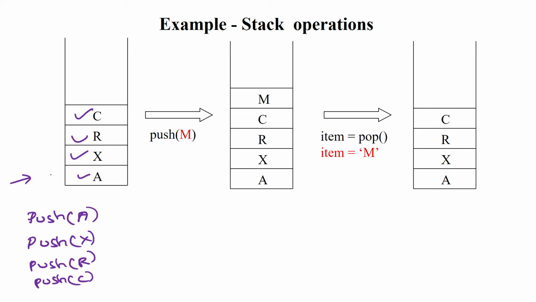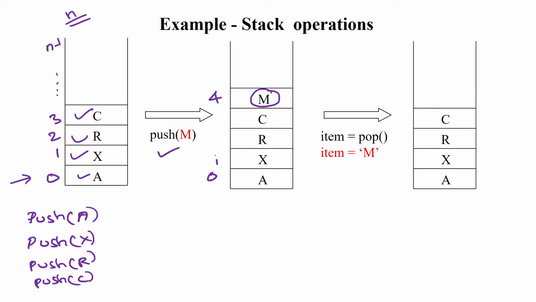The memory locations are represented 0, 1, 2, 3, etc. up to n minus 1, so the size of the stack is n. Now I am inserting one more element, push M. M is inserted at location number 4.